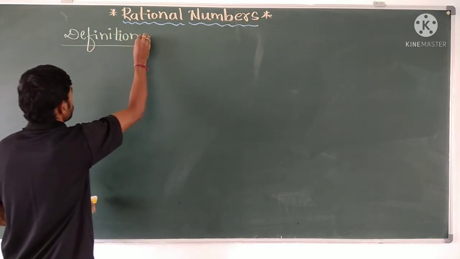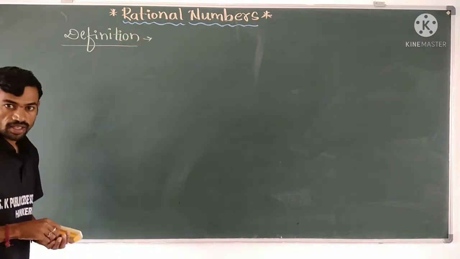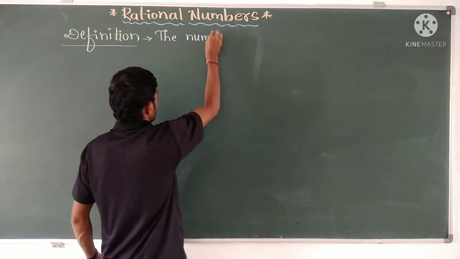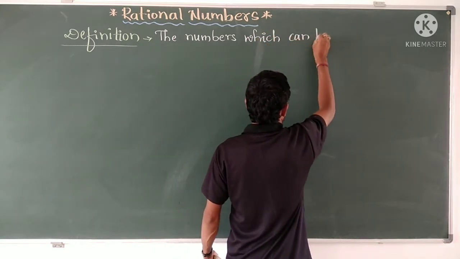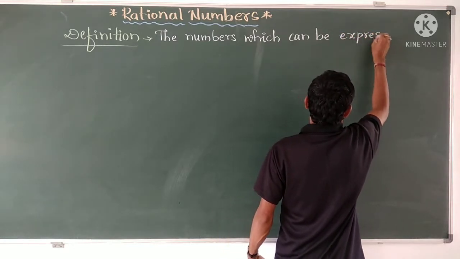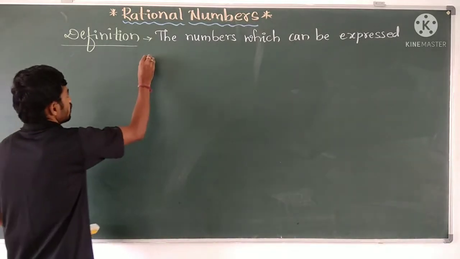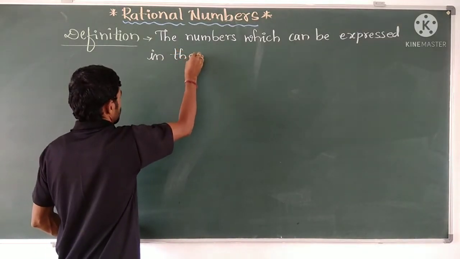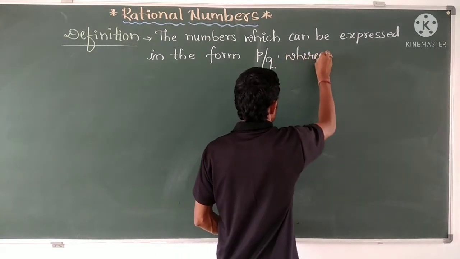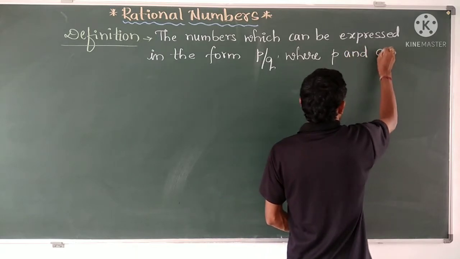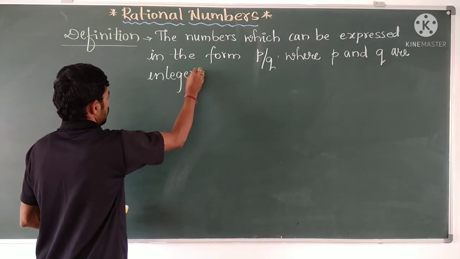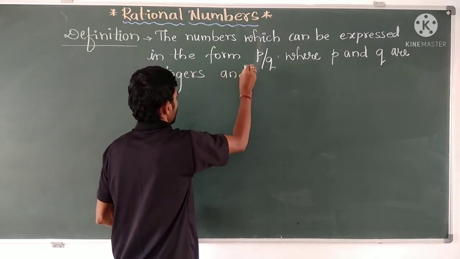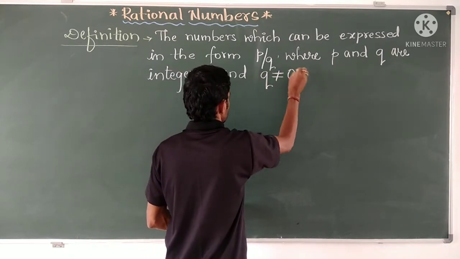See here, the numbers which can be expressed in the form of P by Q, where P and Q are integers and Q is not equal to 0.